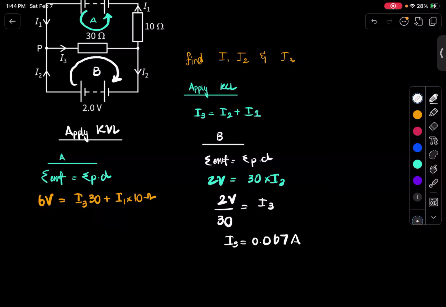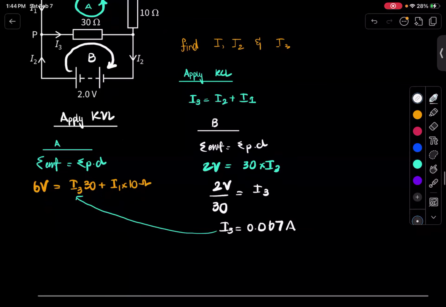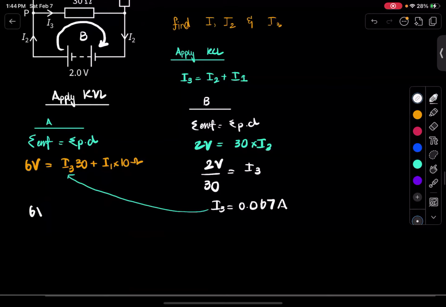Okay. Now I figured out I3. If I figured out I3, can't I just plug this in over here and find out I1? I can. It's pretty easy. 6 volt is equal to 0.067 into 30 plus 10 I1, right? So let's find out what it is.